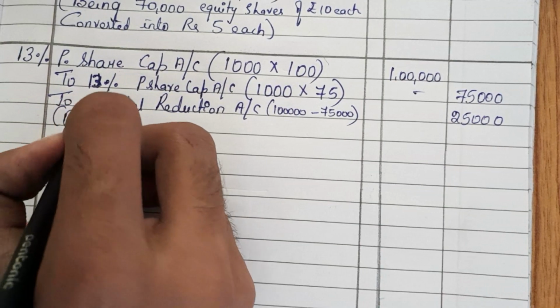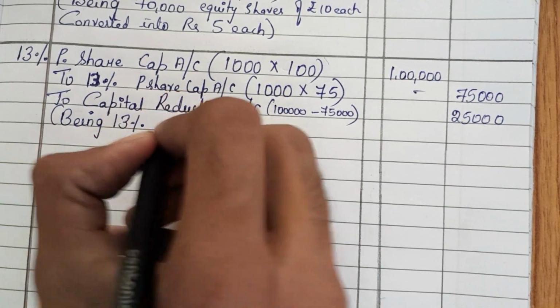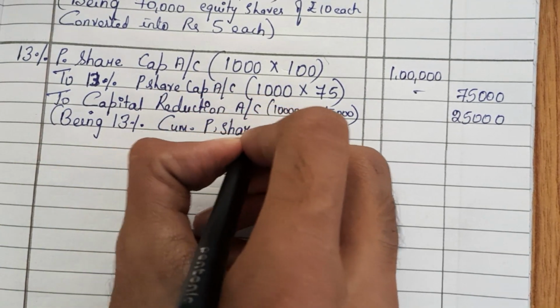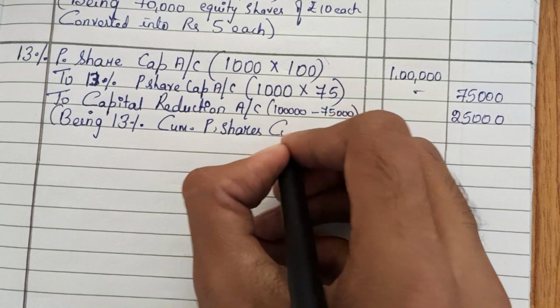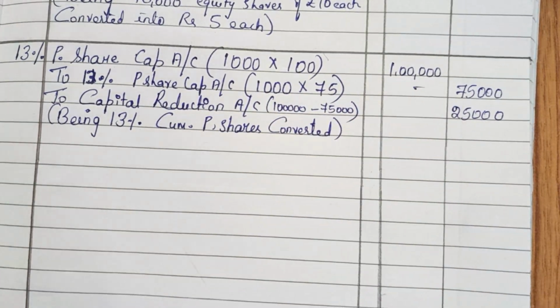So the narration you can write simple, being 13% cumulative preference shares converted. So this is the second entry.